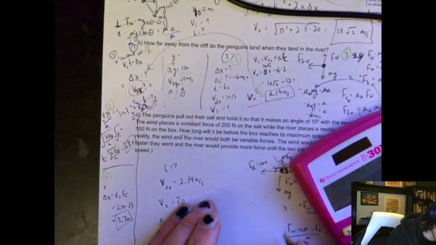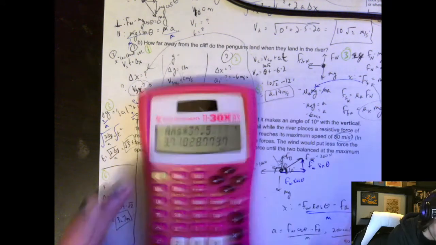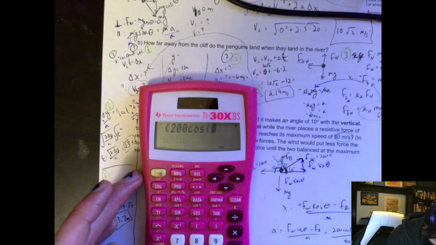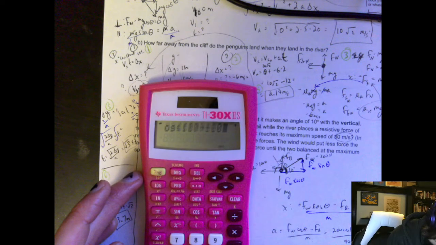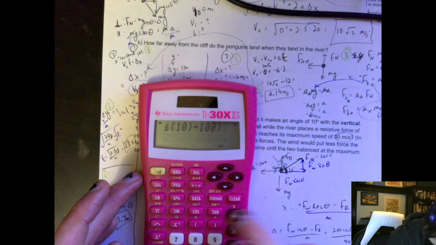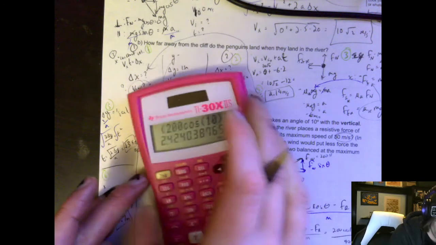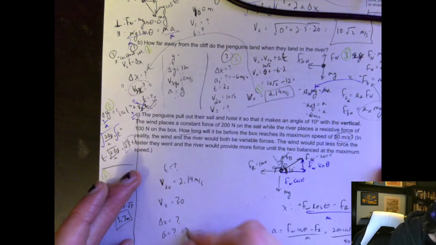So 200 cosine 10 minus 100, close parentheses, divided by 40 equals 2.4 meters per second squared.